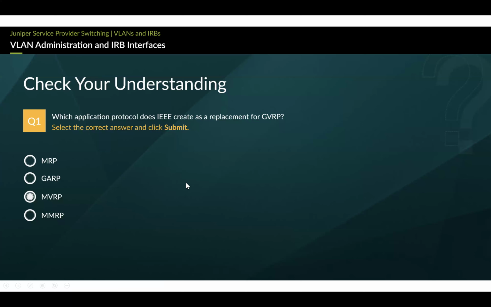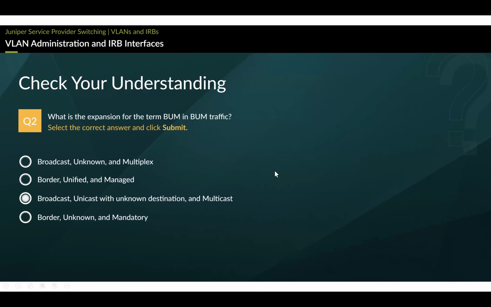This is the Q&A section, question and answer section. Which application protocol did IEEE create as a replacement for STP? That is MSTP, basically.